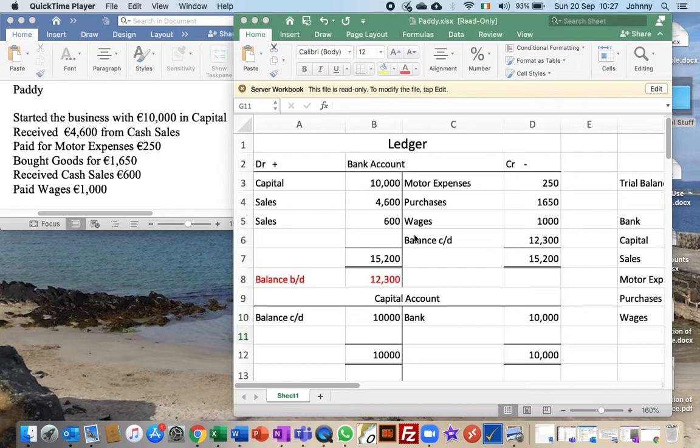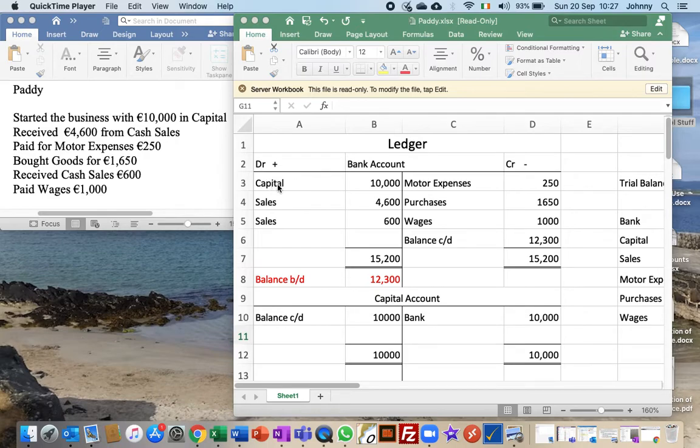Stage two then is entering it into a second account. So every time a transaction takes place, you have a debit in one account and a credit in another. So in this case, it's money in, money out, and the other account will be the reason why money came in or money went out. So I said a second ago, we always have a debit in one account, a credit in another.